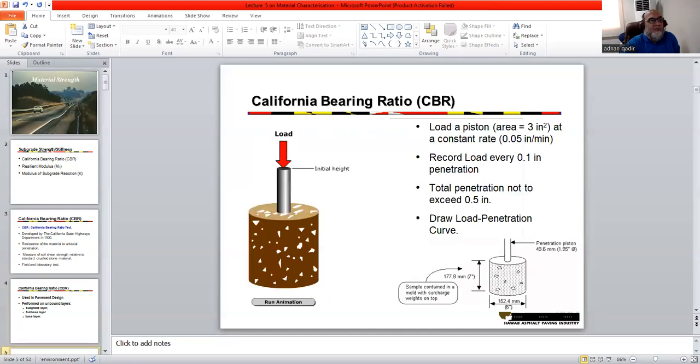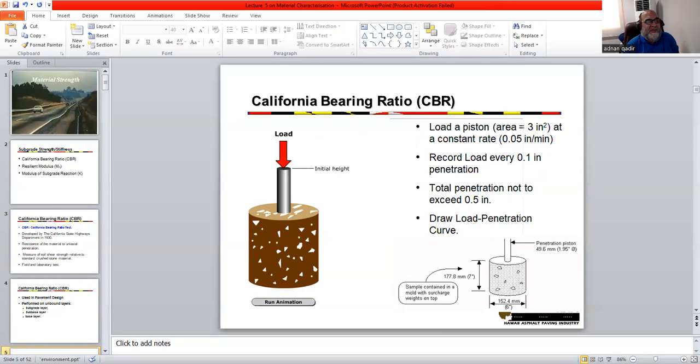So, what is the California bearing ratio test? How does it look like? In the CBR method, for determining the CBR of a given sample, whether it be a base sample, a sub-base sample, a subgrade sample, or a soil sample, we prepare a sample normally 6 inches in diameter and 5 inches in height.